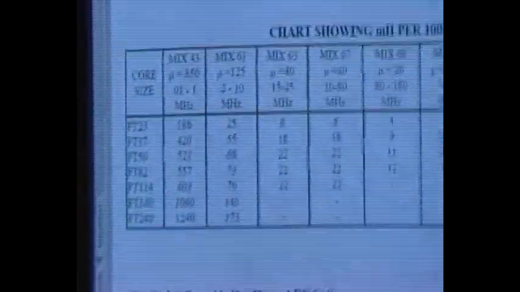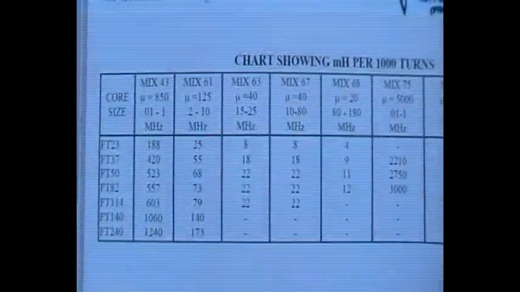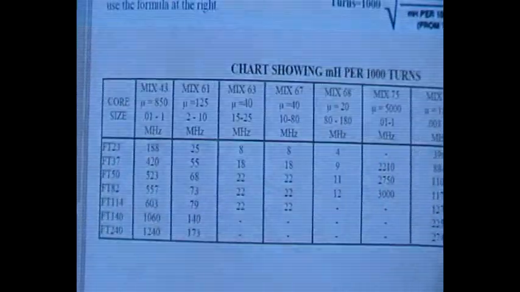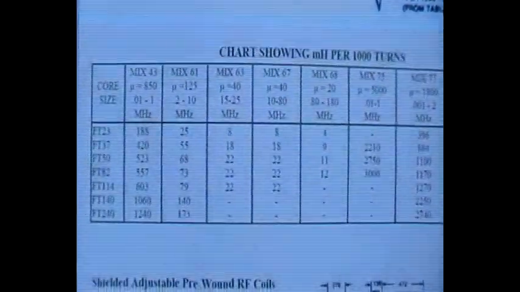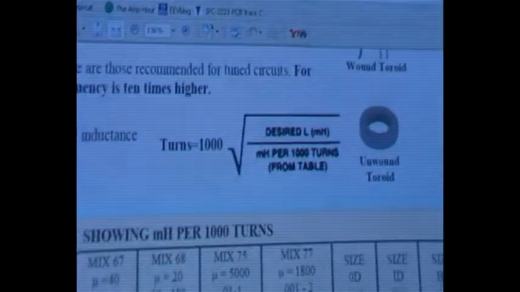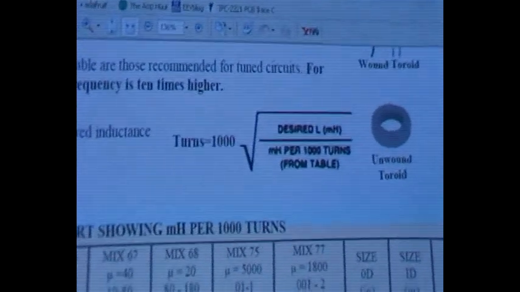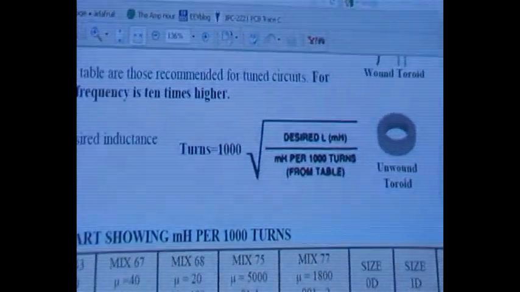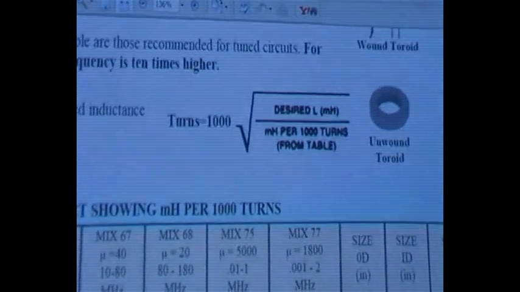And where those two intersect is the AL value, in this case for ferrites, the number of millihenries per 1,000 turns. And up here is a formula to help you out. You can flip this formula if you want to solve for millihenries, but here it's solving for the number of actual turns that you would use on the toroid for a given millihenry value.